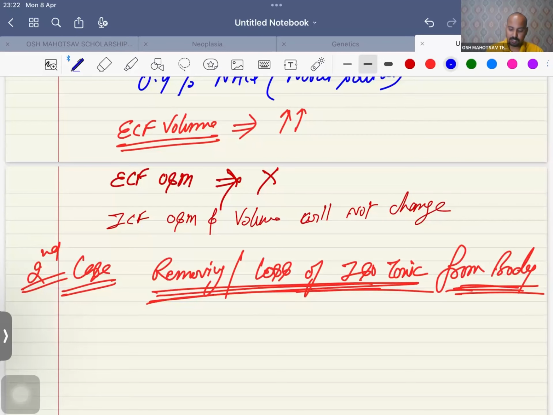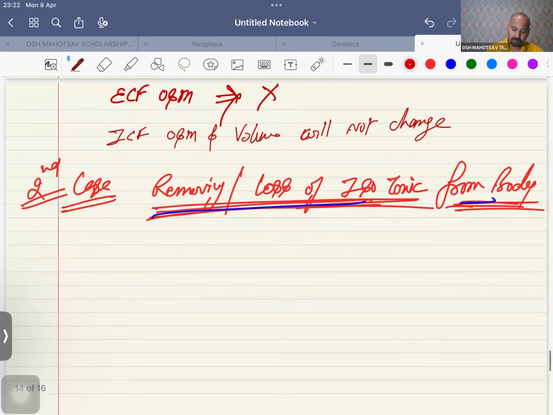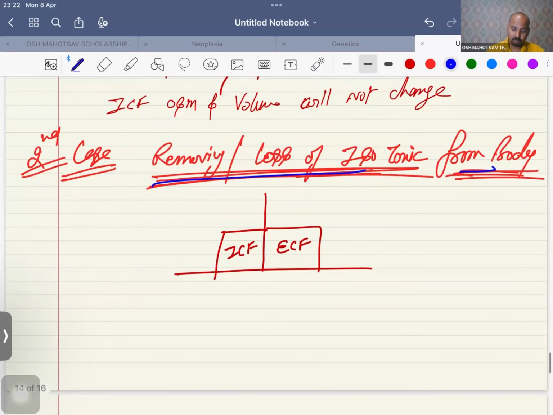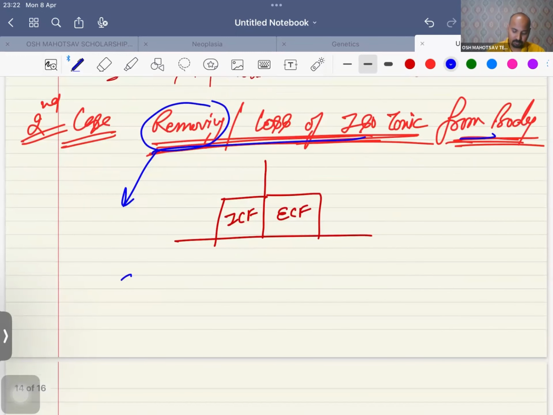Okay, so in that case we again have our Darrow-Yannet diagram. This is ECF, this is ICF. Okay, and we are removing isotonic solution. So ECF volume will decrease because we are removing.